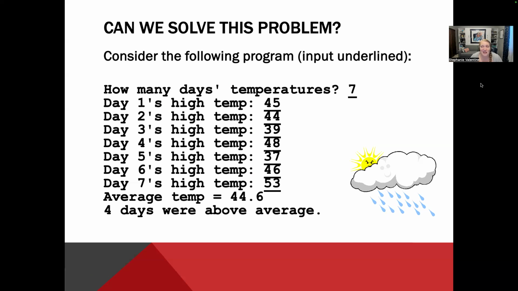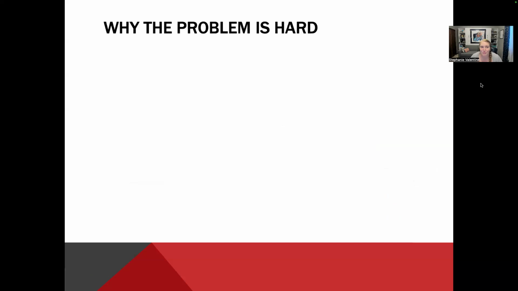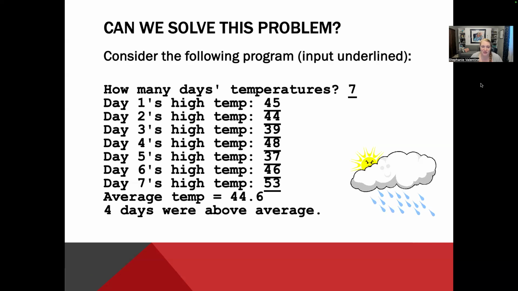But this program is actually really hard to write. Let's talk about why it would be hard. So each input value that we get from the user, let's go back here. The input values we're talking about here are like 45, 44, 39, those things. And we need to use each of those values 2 times.